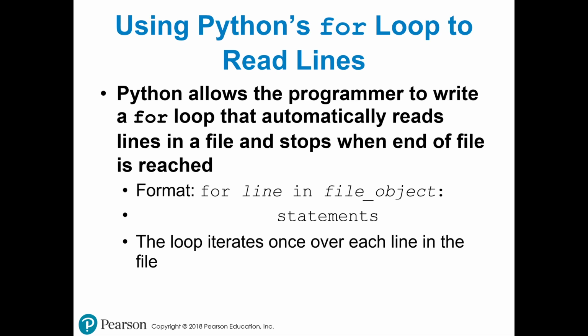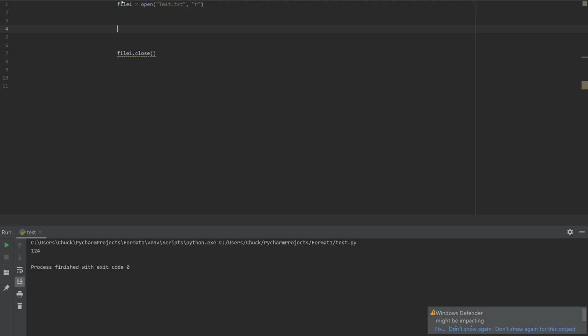Again, the syntax is for line in file object. Here our file object name is file1, so I'm going to call my variable line, for line in file1 colon, print line. All I'm going to do is print the lines of the file, right?